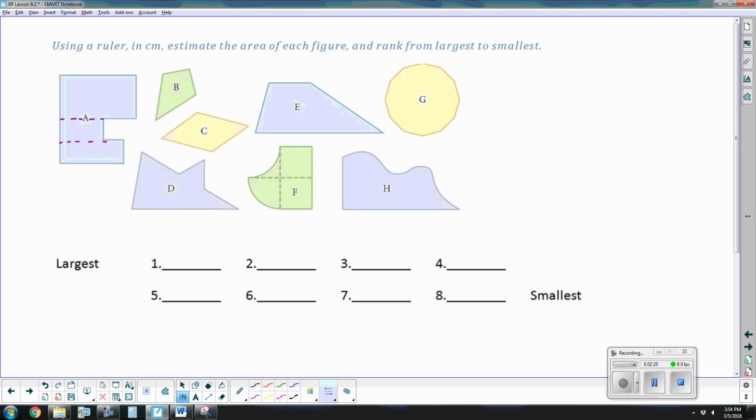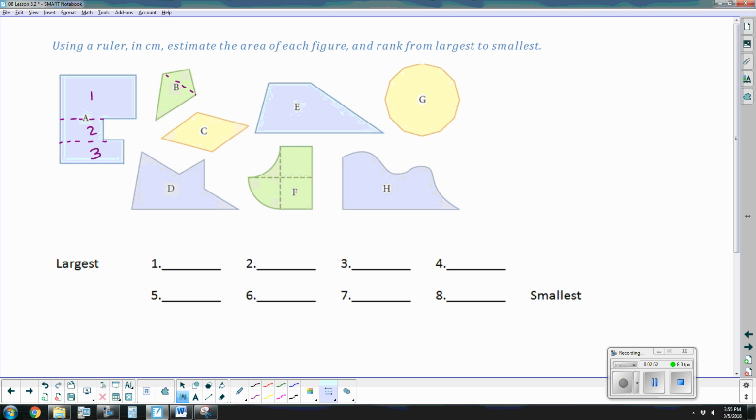But if you think about it as 3 separate rectangles, you can find the area of each rectangle and add it together. So area of rectangle 1, area of rectangle 2, and area of rectangle 3. The area of that whole thing is the sum of those 3 rectangle areas.